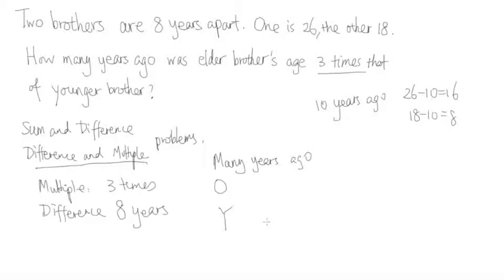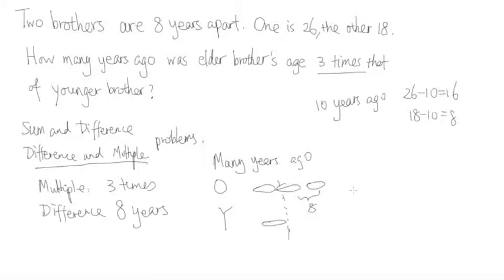Many years ago, the younger brother is one bar, and the older brother is 3 times as old, 3 bars. So the difference will be 2 bars. And these 2 bars represent the difference, which is 8 years.